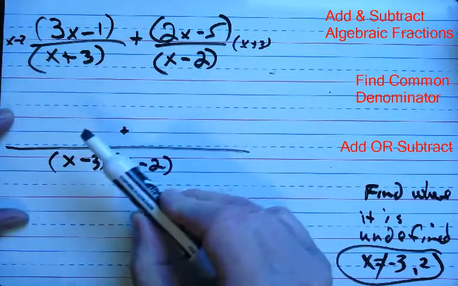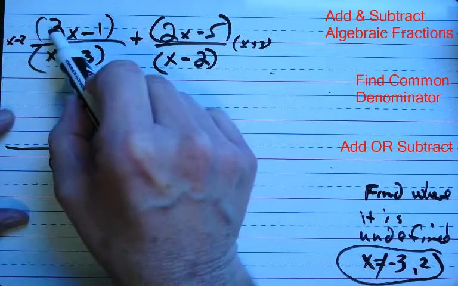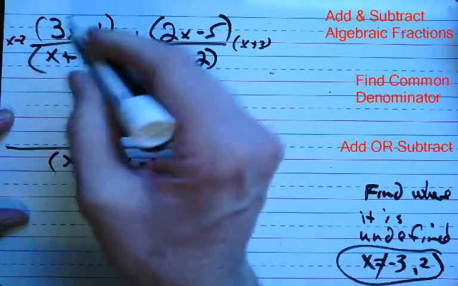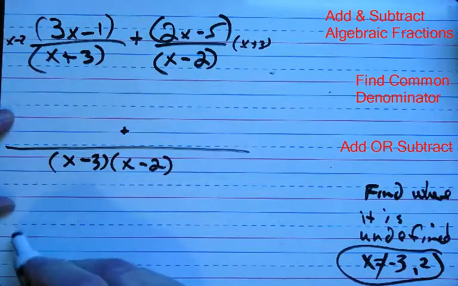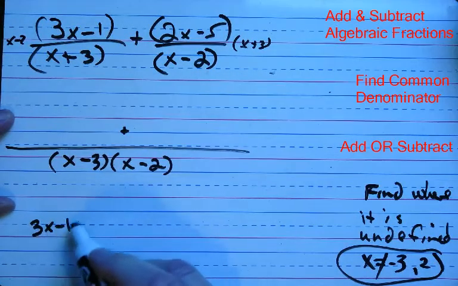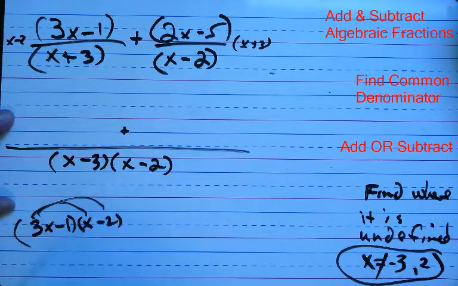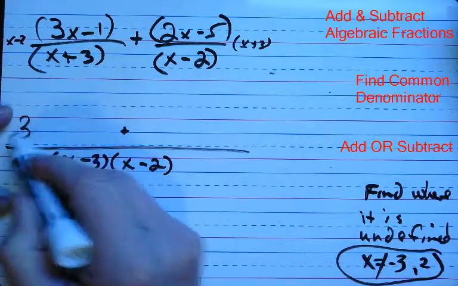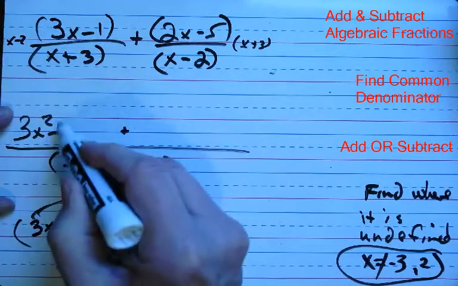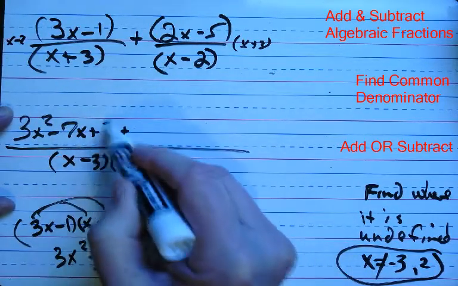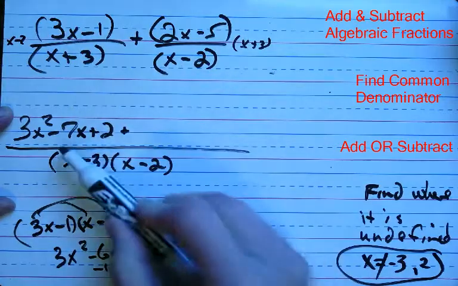Oh boy. So if I do FOIL, maybe I should do it down here so you can see it. x minus 2, I multiply, so that would be 3x squared minus 6x minus 1x plus 2. Okay, that's 3x squared minus 7x plus 2. I'm done with that side.